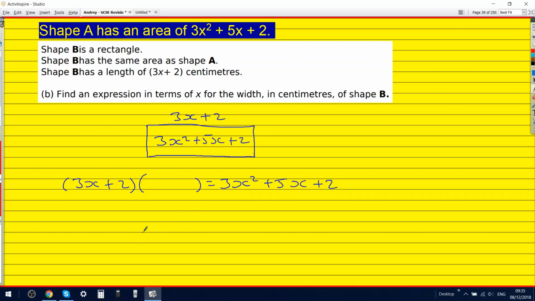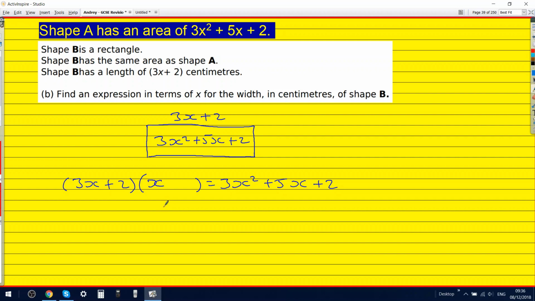So 3x times what will give you 3x squared? 3x. X. And how about the number? So 5x or 2?